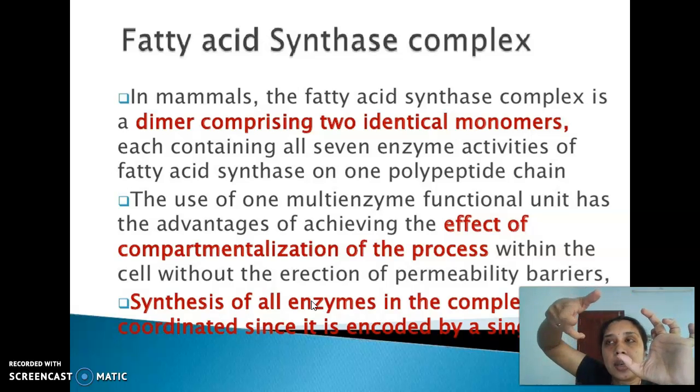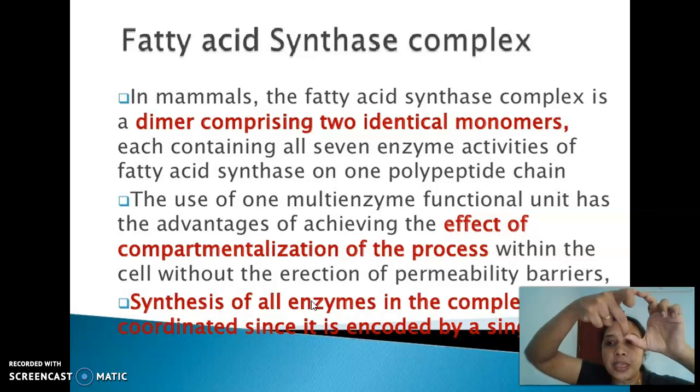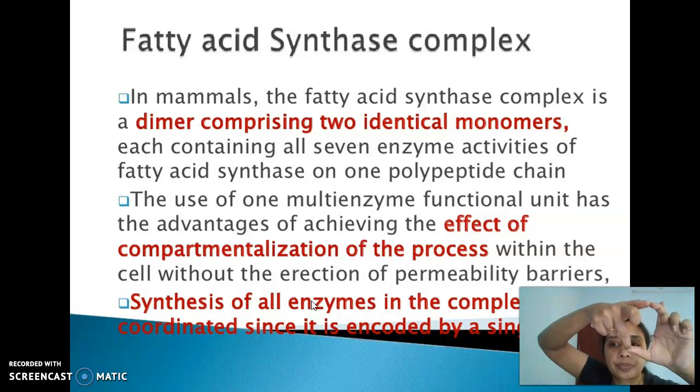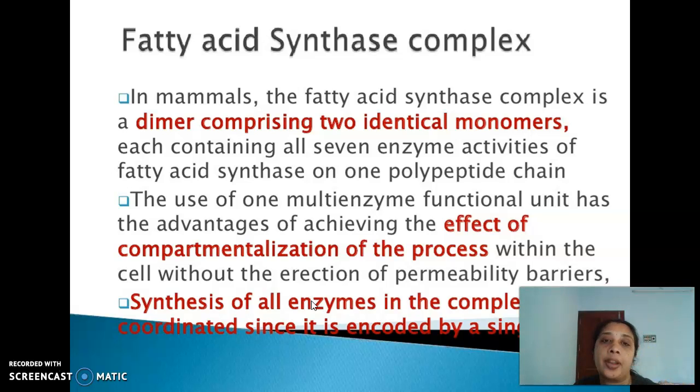Clear? So in a head to tail fashion, an elliptical shape. This fatty acid synthase has an elliptical shape. Clear? It's like an ellipsoid.